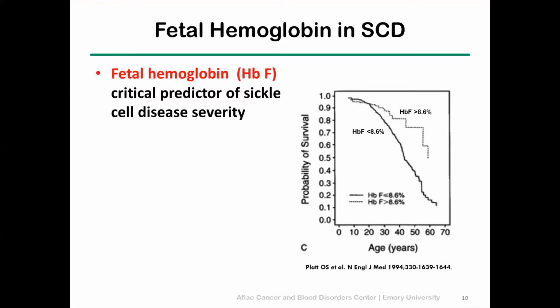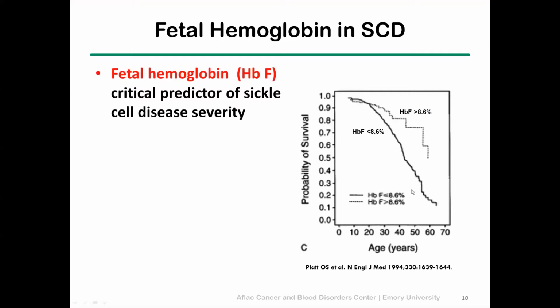So we know, for example, that individuals who have sickle cell anemia, who have relatively higher levels of hemoglobin F or fetal hemoglobin in their red cells than do other individuals with sickle cell anemia, tend, as a group, to have less severe disease. And we've known that for a long time.